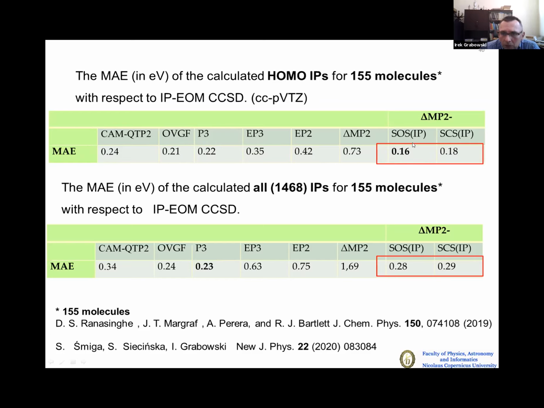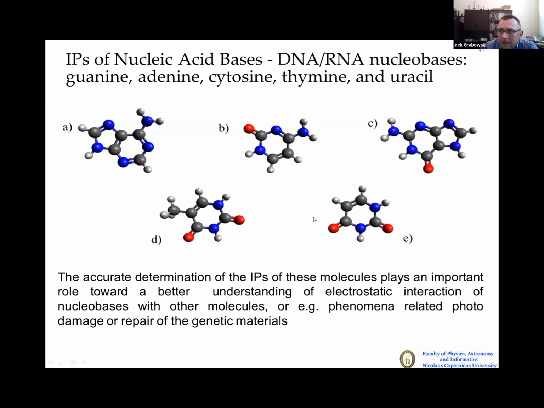And when we use our parametrization, our method, to calculate all IPs for this benchmark of 155 molecules, errors are slightly bigger, but they are still better than CAM-QTP, and in most cases better than the third order approaches, except this P3, which is in that case a little bit better. But in this case, we fix the much bigger error of delta MP2. Okay, and just a few more examples, not too many.